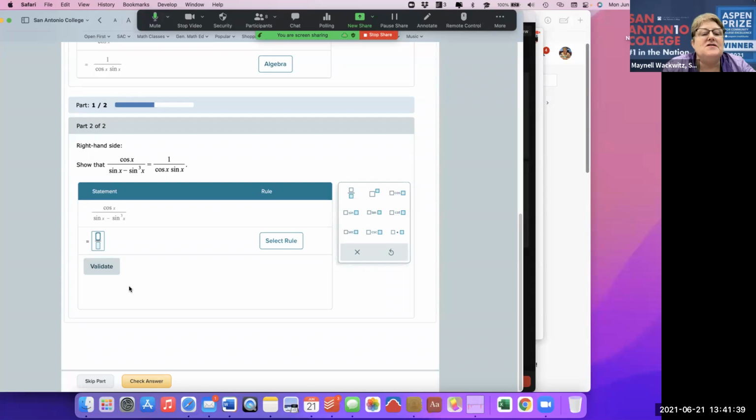Okay, this time we've got cosine x divided by sine x minus sine cubed x, and we want to show that whole thing is equal to 1 over cosine x sine x. What can we do? Is there anything we can do in the denominator? If we have a minus a cubed, what would we do?